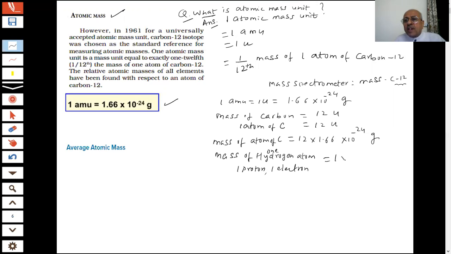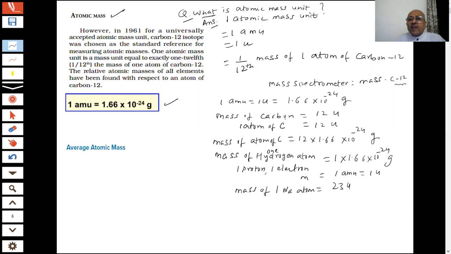So the mass of a hydrogen atom is 1 × 1.66 × 10^-24 gram, or I can say the mass of hydrogen is 1 AMU or 1 U. Okay? If I say the mass of one sodium atom, it is 23 U.